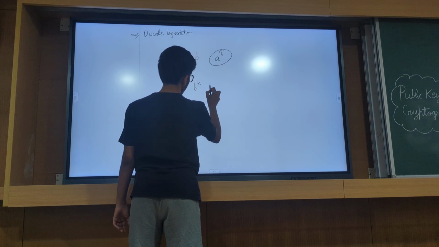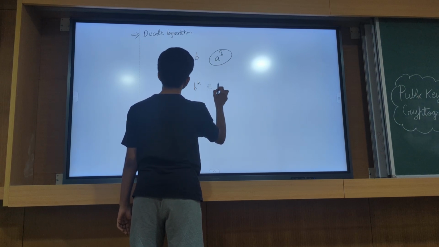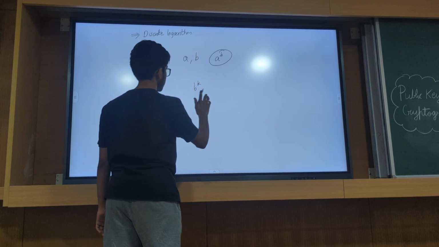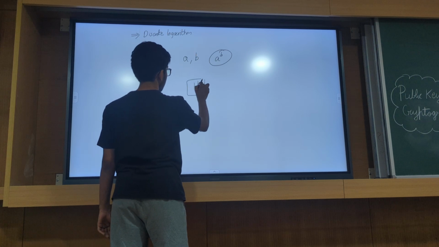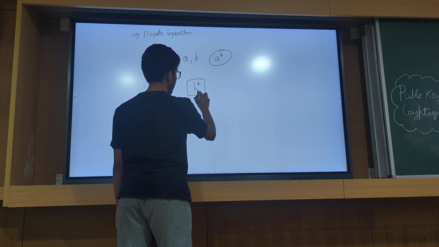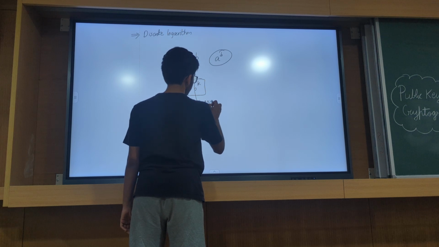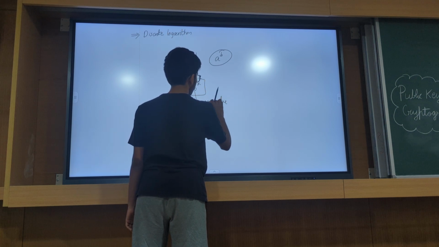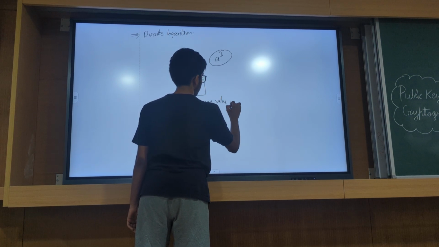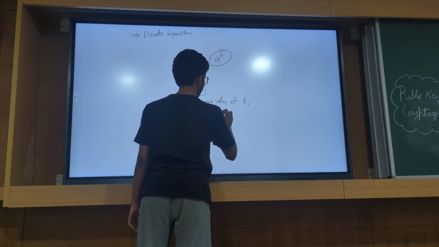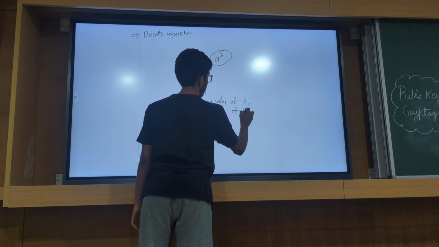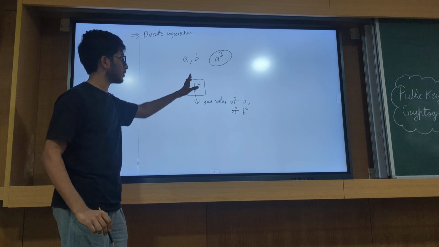Let's not go to modulo first, let's stick to basics. Let's say I give you the value of b and of b to the power k also, and I ask you to find the value of k.